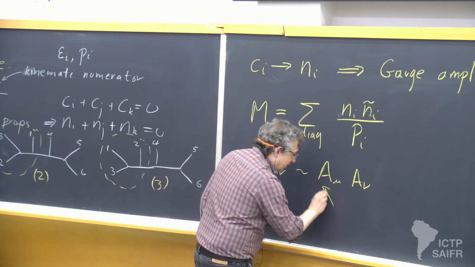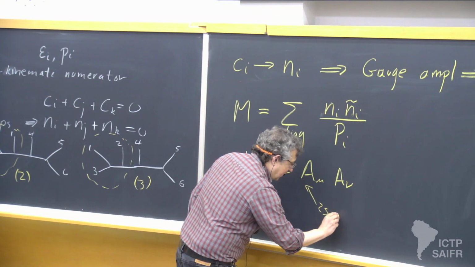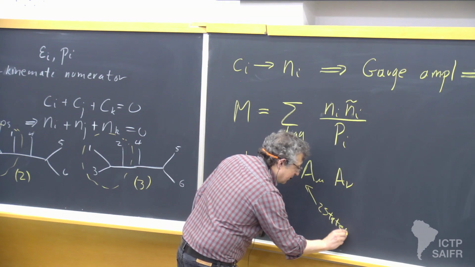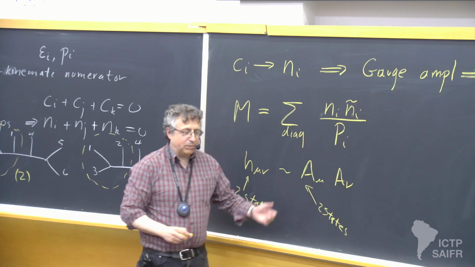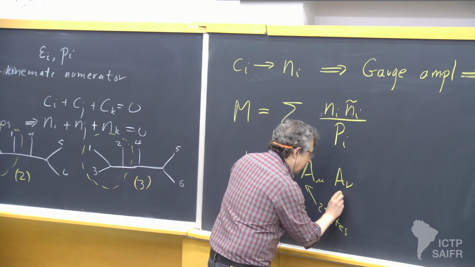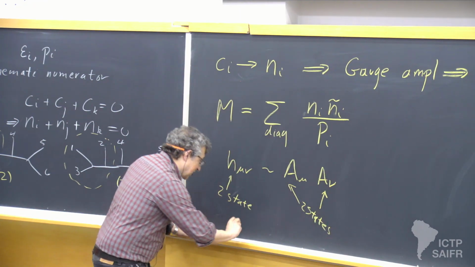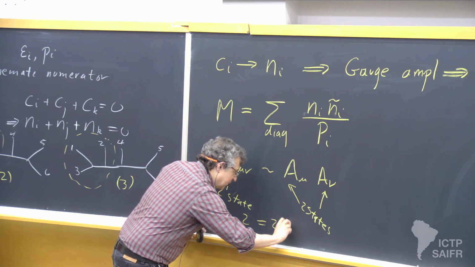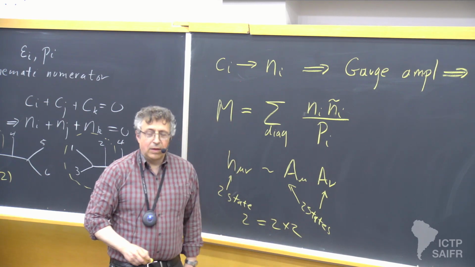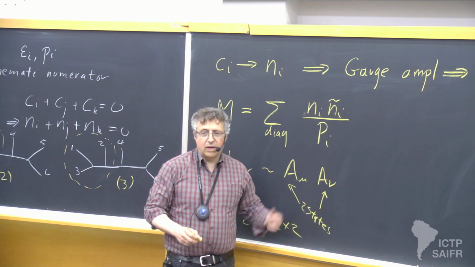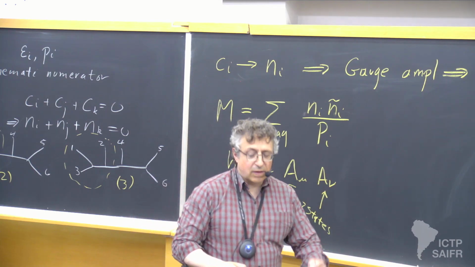Here there's two states. That's what Yaroslav was talking a lot about, the plus and minus helicities, two states here. And last I checked, 2 is not equal to 2 times 2. Right? So this construction is giving you extra states.